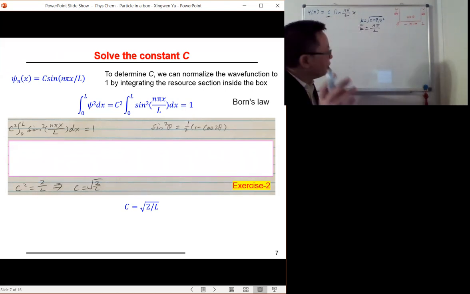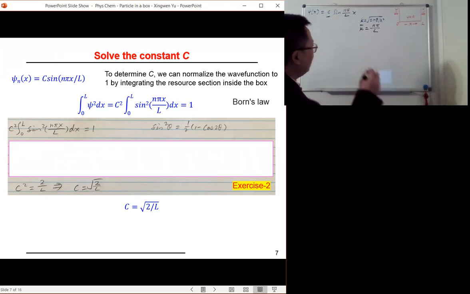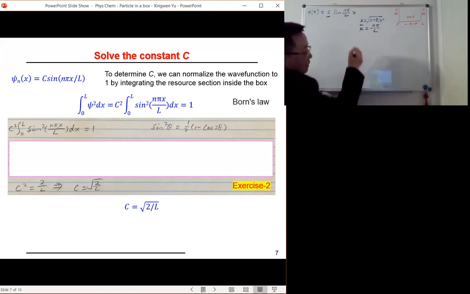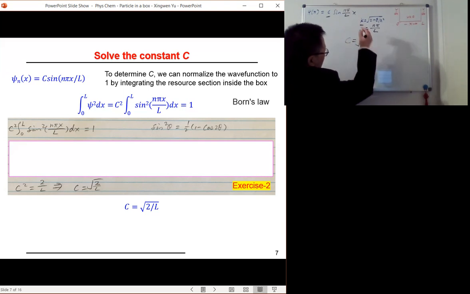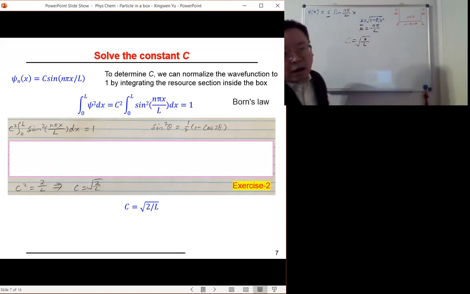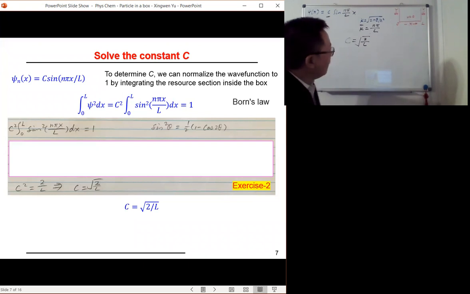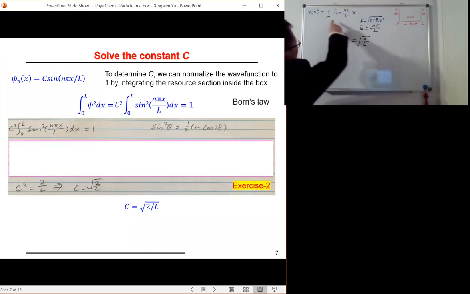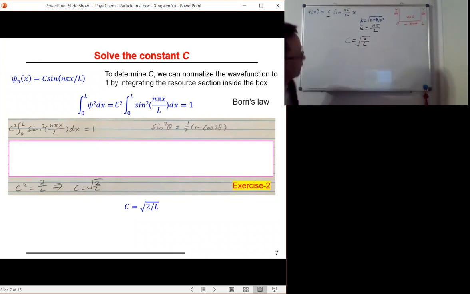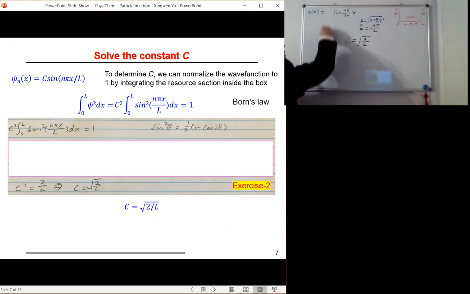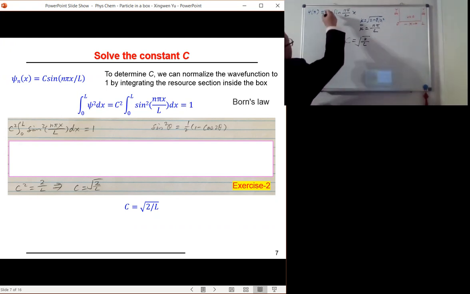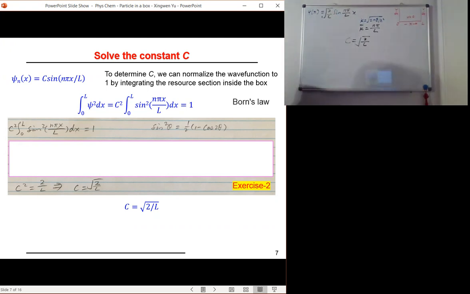And after solving this integral equation, we get a solution: C is the square root of 2 over L. We can substitute C into the wave function, and then the wave function can be written with the square root of 2 over L. Now the wave function is solved.